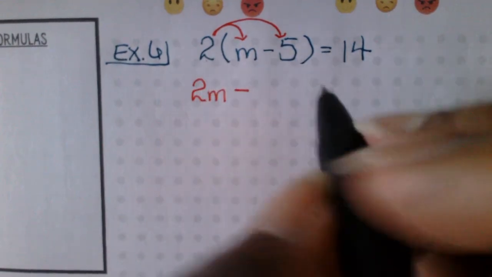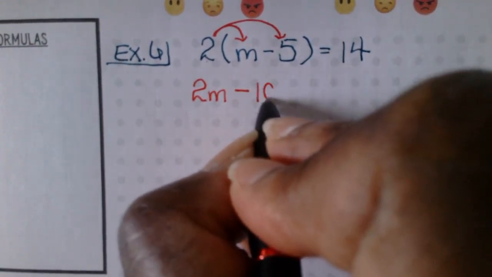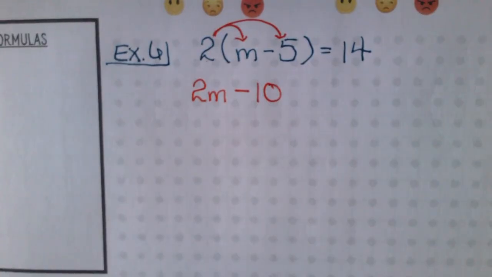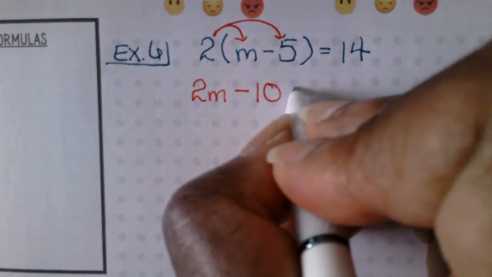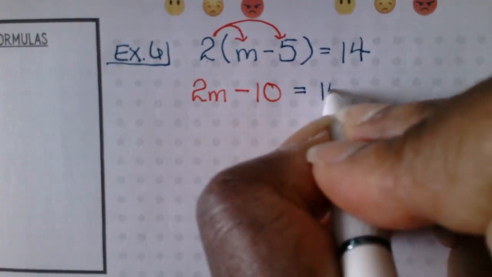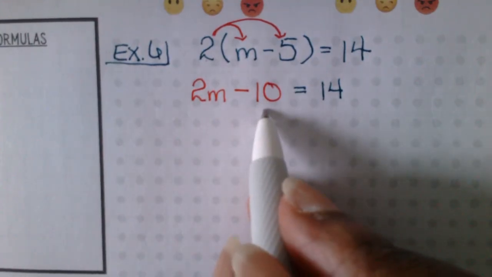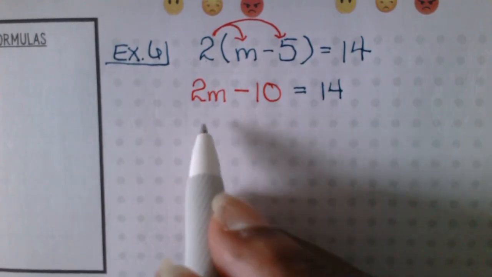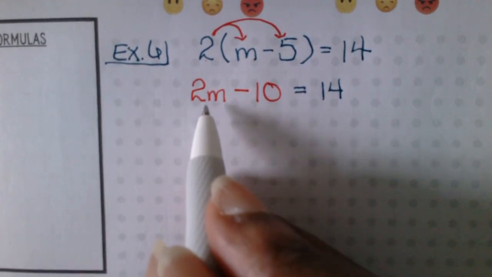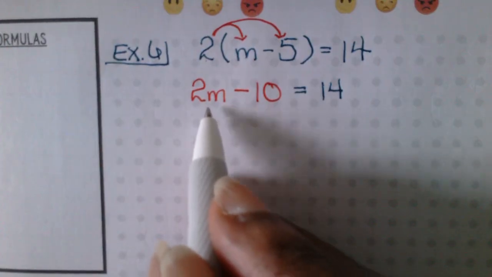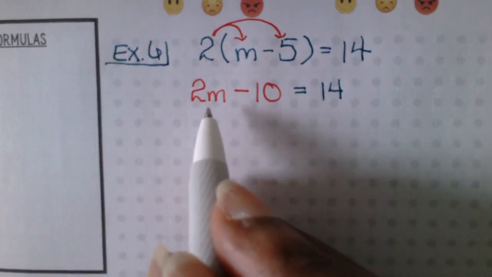Now 2 times 5, that gives us 10. Okay, now we are bringing down my equals 14. All right, so now we need to get rid of this negative 10 because we want to get 2m by itself. Okay, we need to get that 2m by itself.